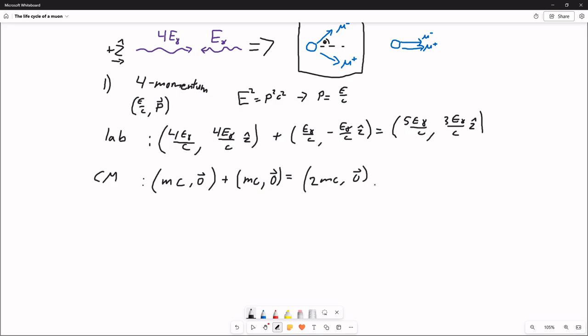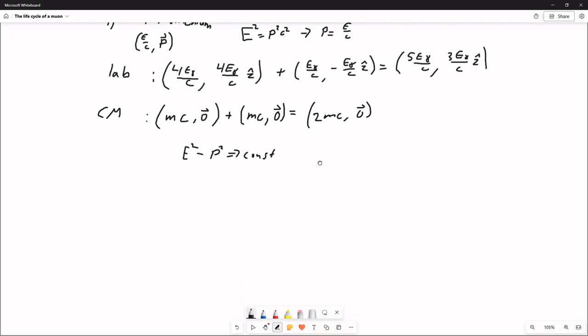Perfect. The next important concept is that E squared minus p squared is constant no matter what frame you're in. So we're going to use that to equate these.